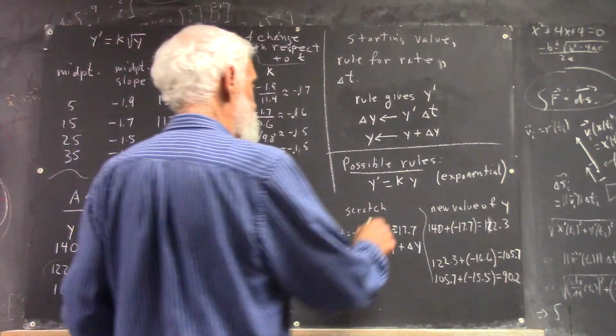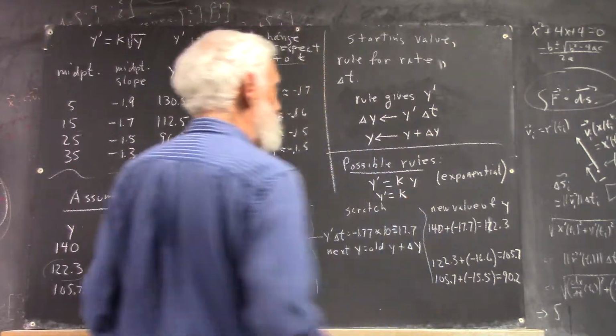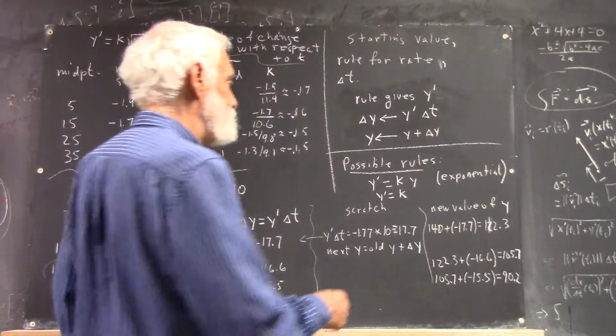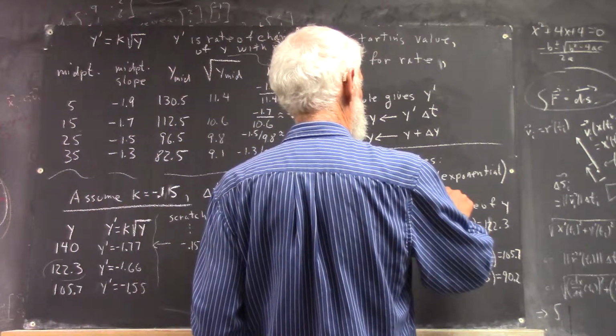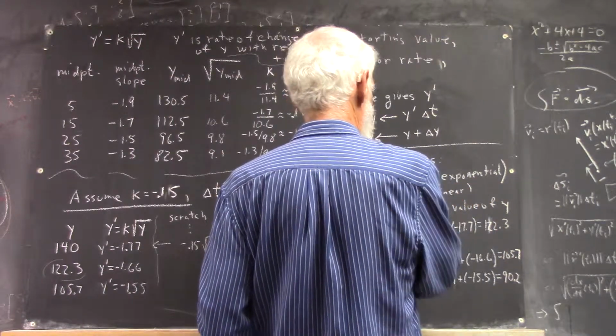You could have y prime equals k. That would give you a linear function.